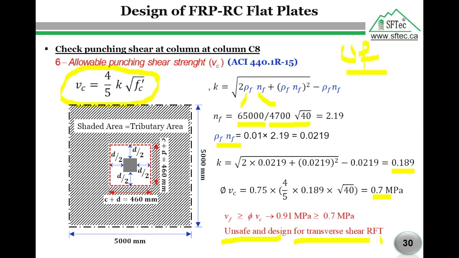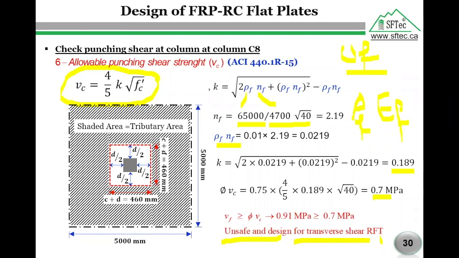It should be noted that the experimental evidence in many research studies revealed that the ACI 440 equation is unsafe for design. But why? Because this equation considers the flexural reinforcement ratio only and ignores the FRP axial stiffness. What is the meaning of FRP axial stiffness? The FRP axial stiffness is simply rho F times EF.